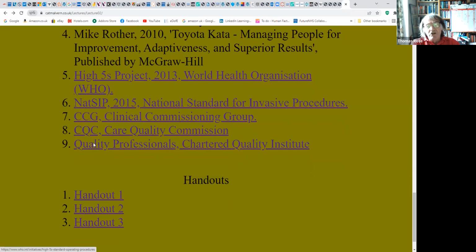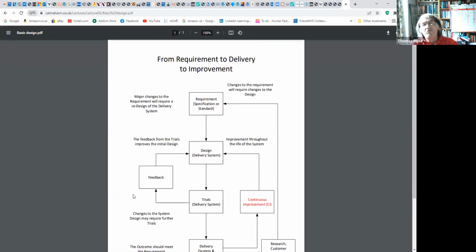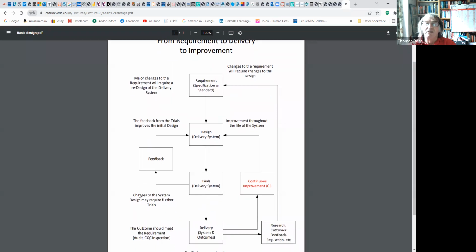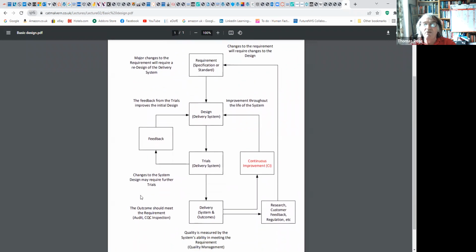I've included some handouts, but the one that I really want to concentrate on today is this one, which is really how we get from a requirement for a service to delivery, and then to improvement of that service. And it's there, and I'll refer back to it a couple of times, and I'll compare that with what industry use when they're designing a new product.